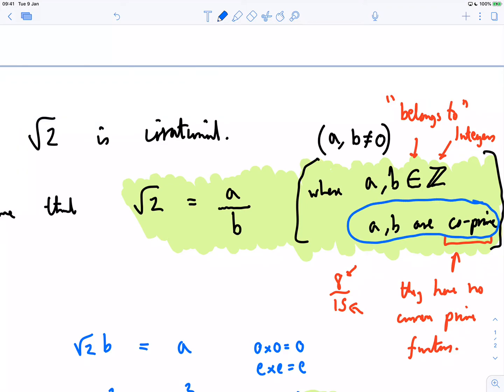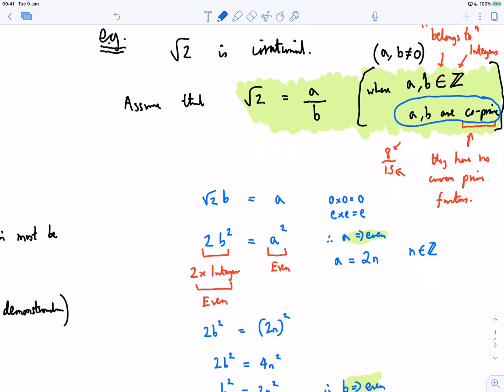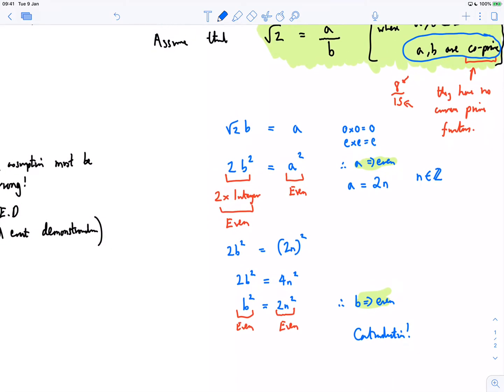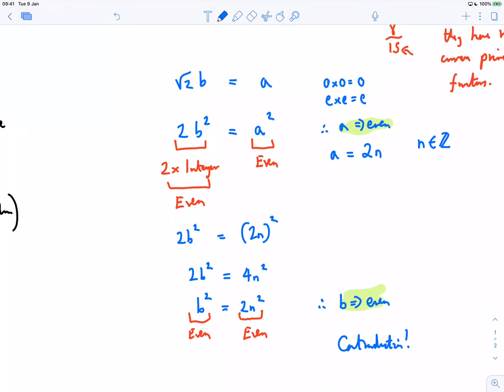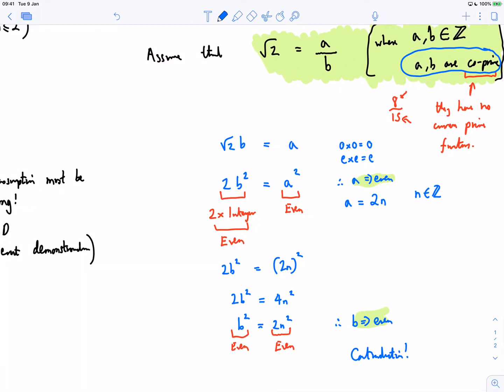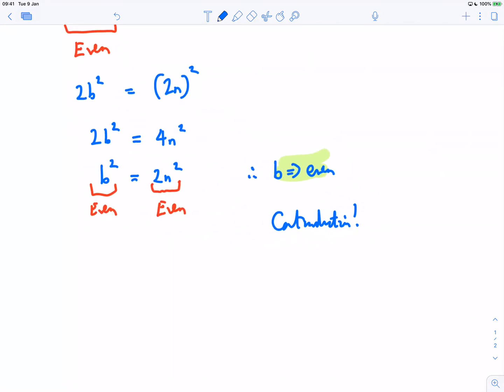Okay, so on that technicality, because a and b are supposed to be co-prime, but when we assume that root 2 is rational, we end up with a and b both being divisible by a common factor, i.e. not being co-prime. Therefore, we've reached a contradiction.